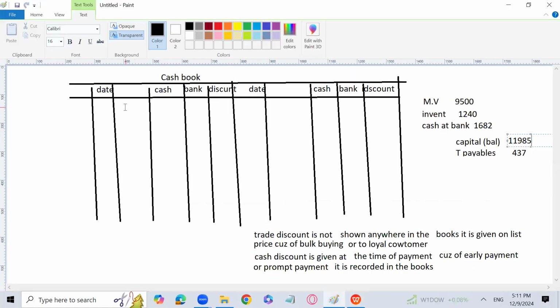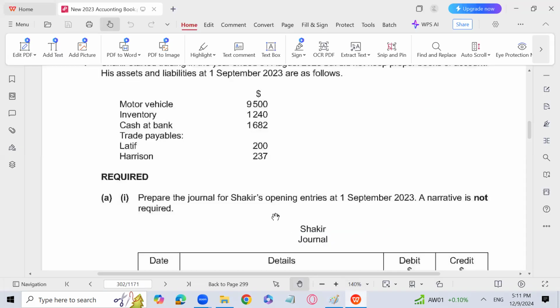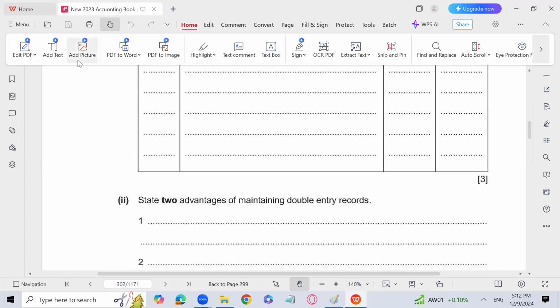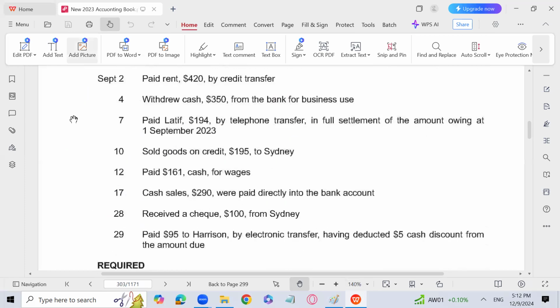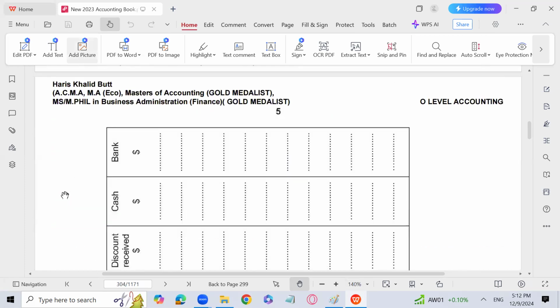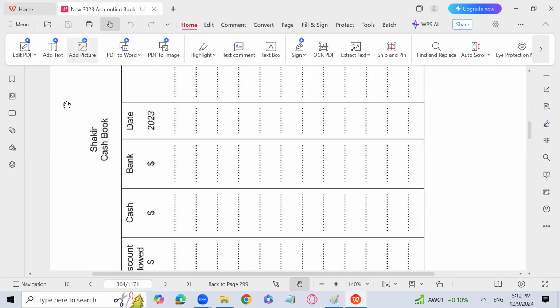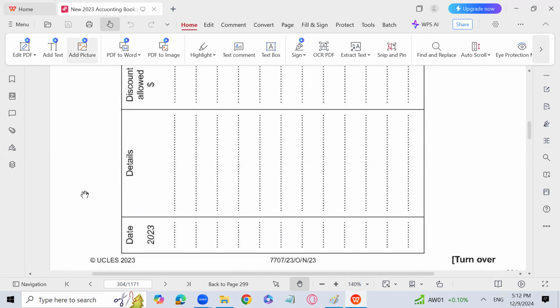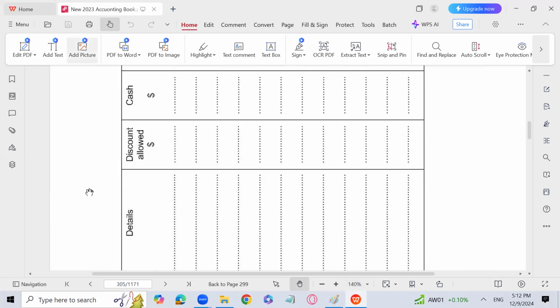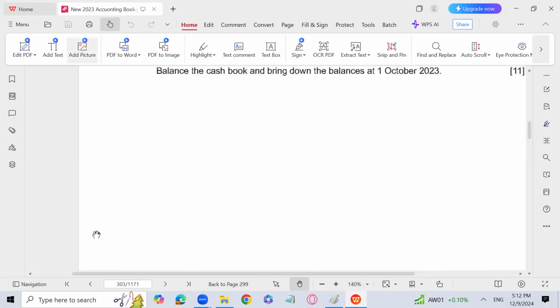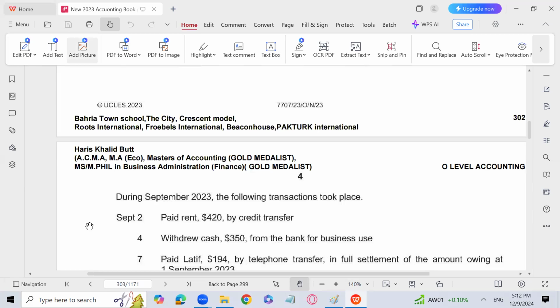So I will write over here, brought down, the balance 1682 of cash at bank, because that is the balance at bank, and the date is going to be 1st September 2023. Let me see if a cash balance is given. It's not there. Cash balance is not there. Okay.